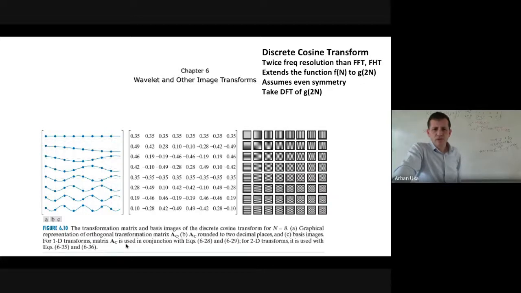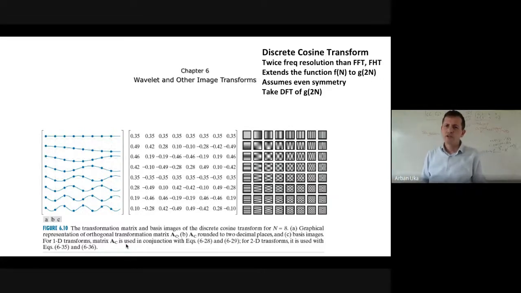Now, the previous two transforms, the Fourier transform and the Hartley transform, have a specific frequency resolution, and their frequency resolution is the same. With frequency resolution, we denote the delta k. Now, what the discrete cosine transform does is extend the frequency resolution by a factor of 2. In order to do that, the initial data set for which we want to take the discrete cosine transform is extended.